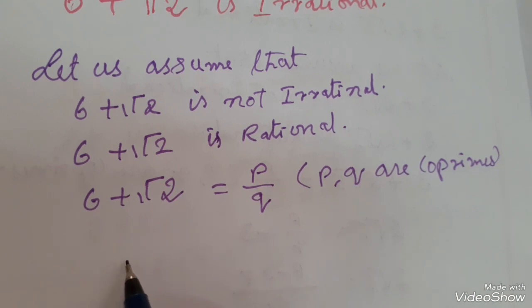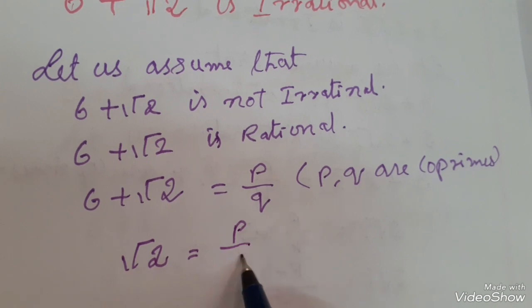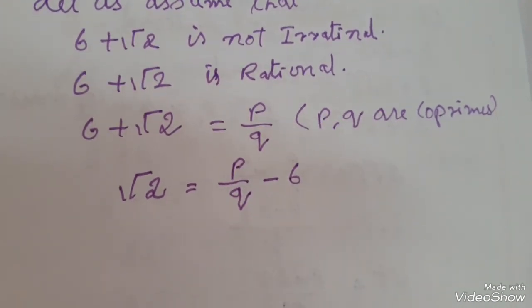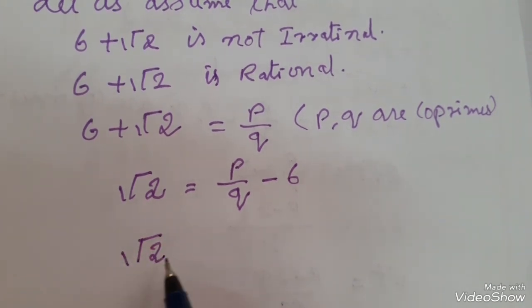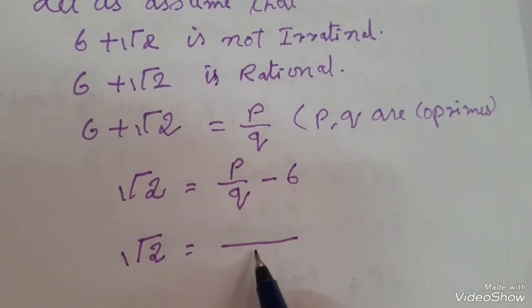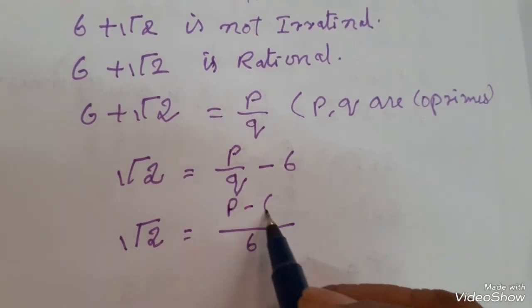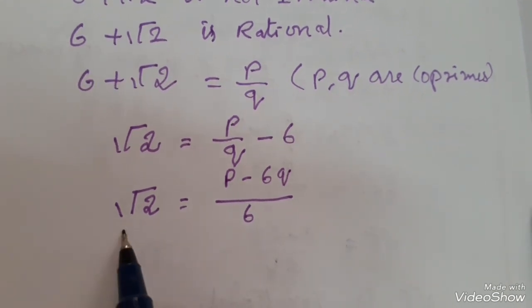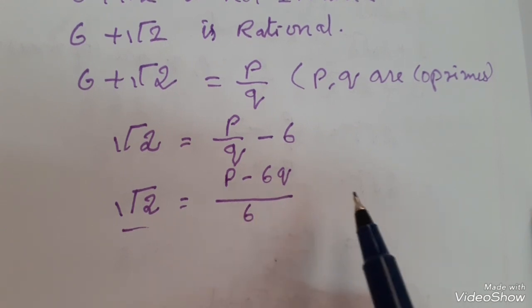Now we can write root 2 equal to P by Q minus 6. Or you can write root 2 equal to, taking the LCM Q here, P minus 6Q by Q. So one side here root 2 is irrational, and P minus 6Q by Q is rational.